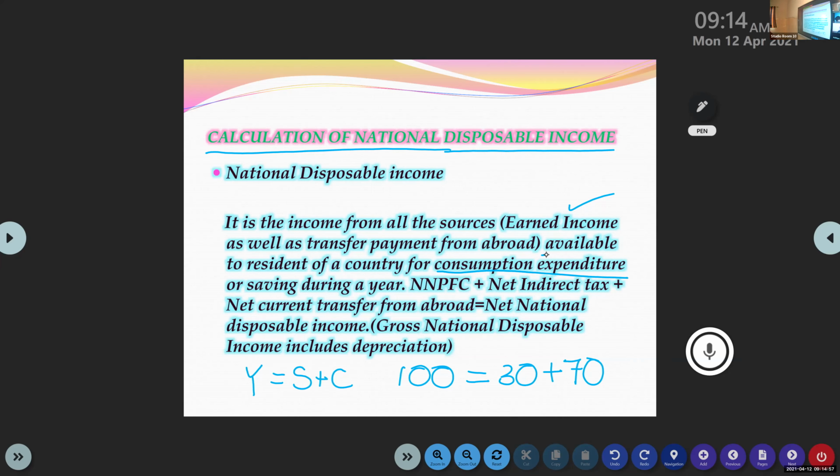So net national disposable income is equal to what? That is gross national disposable income, which includes depreciation. Write down that too, in bracket: gross national disposable income includes depreciation.